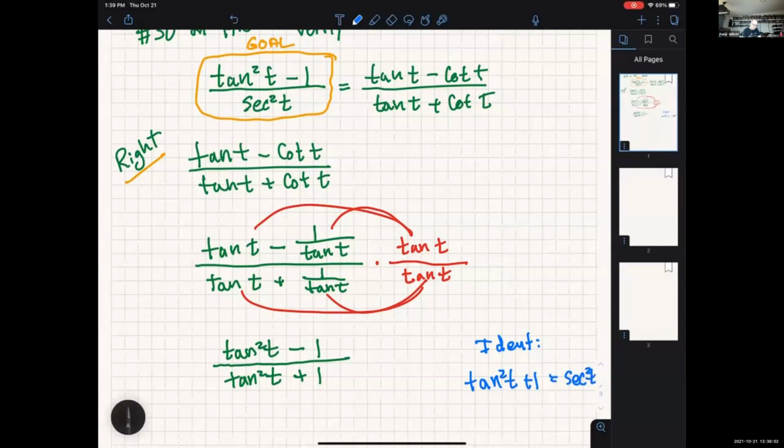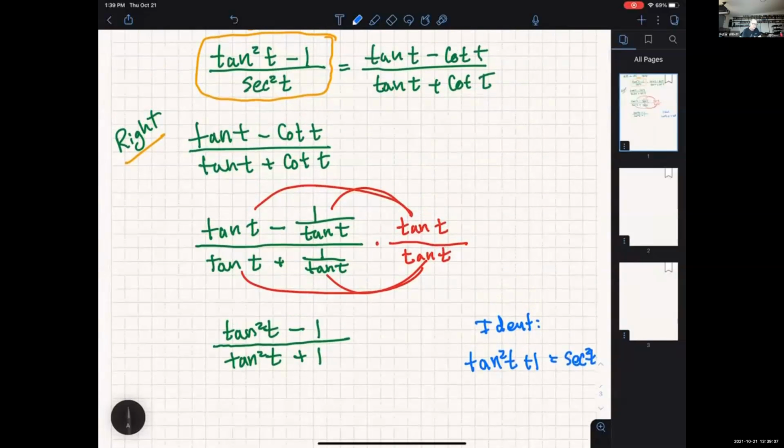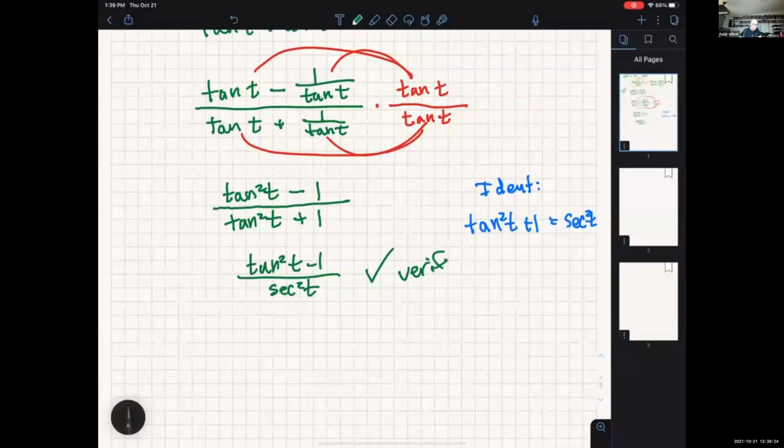So that will allow me to convert the bottom into what I need it to be to match the left side. So using that identity, this becomes tan squared t minus 1 over secant squared t. And then I have verified, because that was my goal.